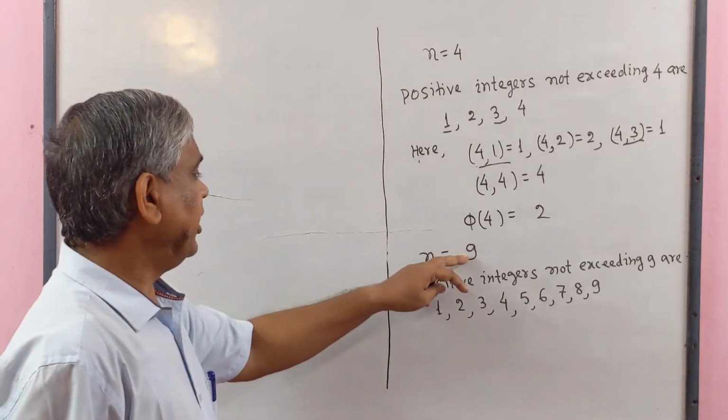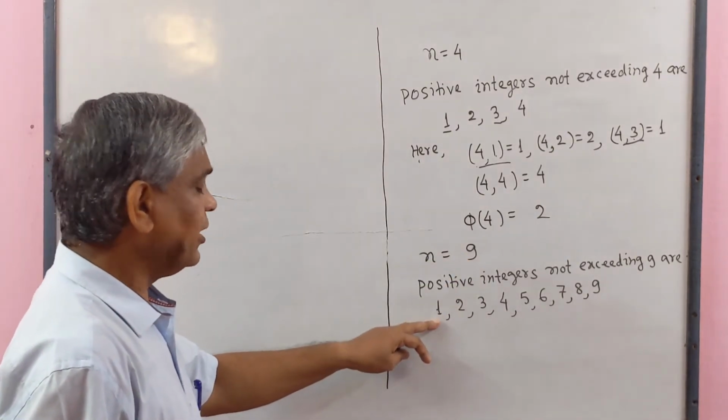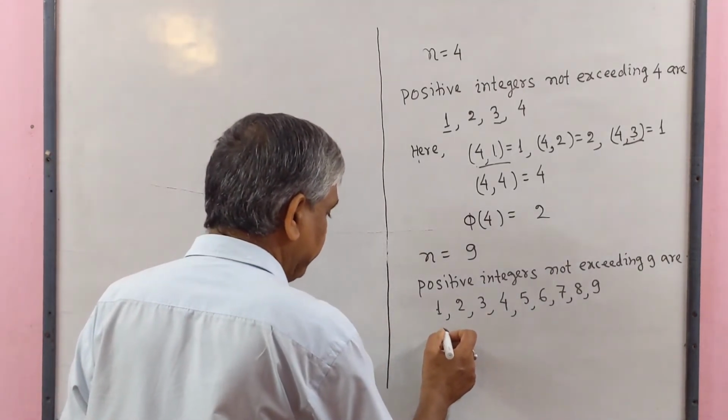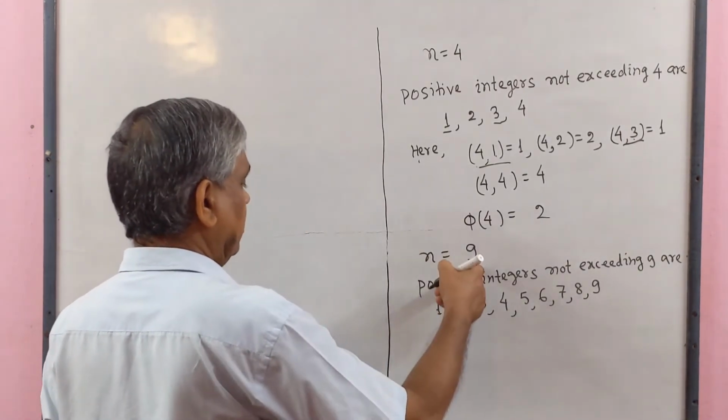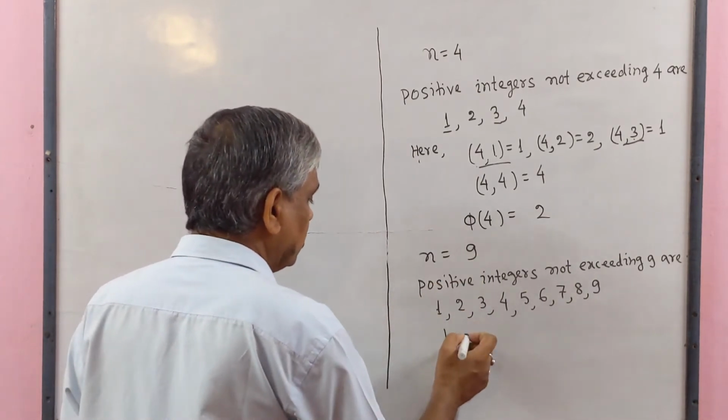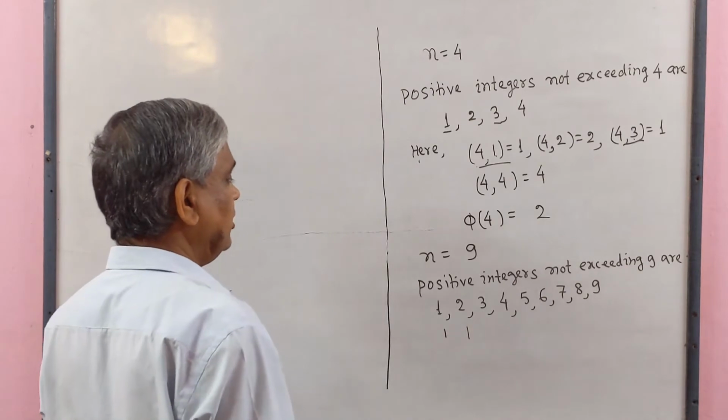Here GCD of 9 and 1 is 1. We are writing GCD below the number 1. GCD of 9 and 2 is also 1.